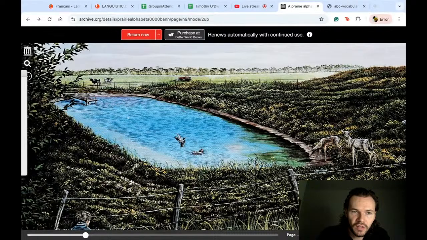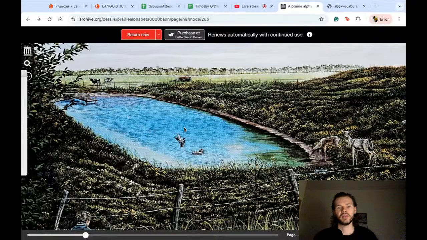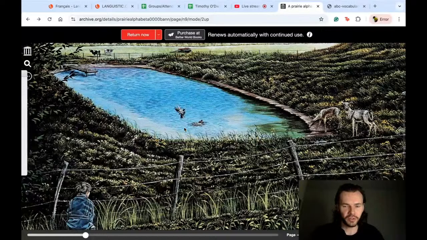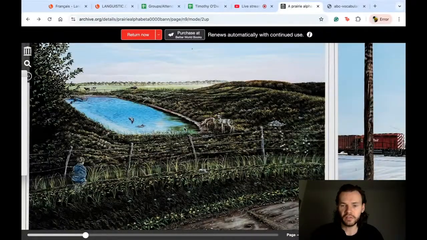And there's even a little dock, another D word, dock, for humans to run and jump in the water to go swimming. And yes, so that is our D word or our D sentence.